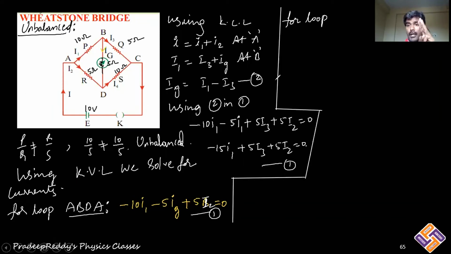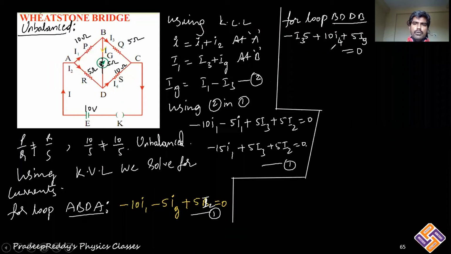We have three loops in order to solve those three, I1, I2 and I3. So I will be taking this loop BCDB. Start from here, B. So that is minus I3 into 5 plus 10 into I4 and plus 5 into IG is equal to 0.